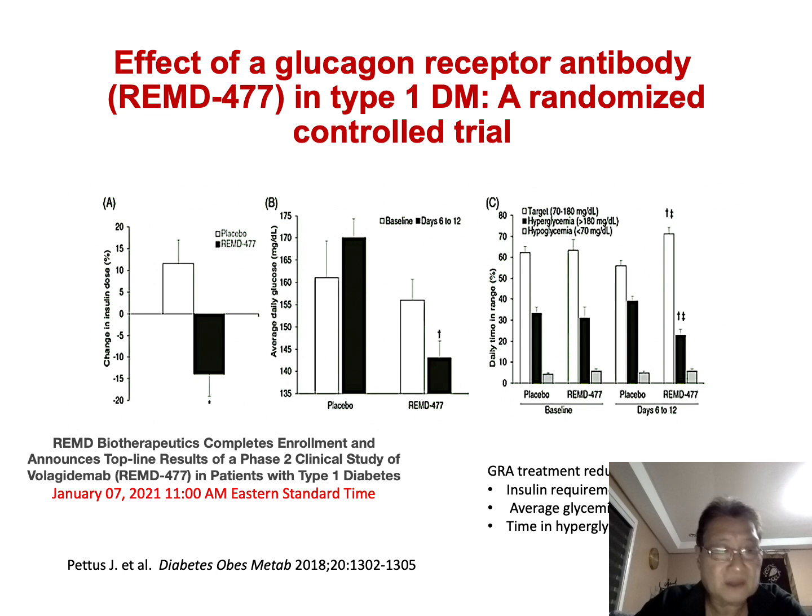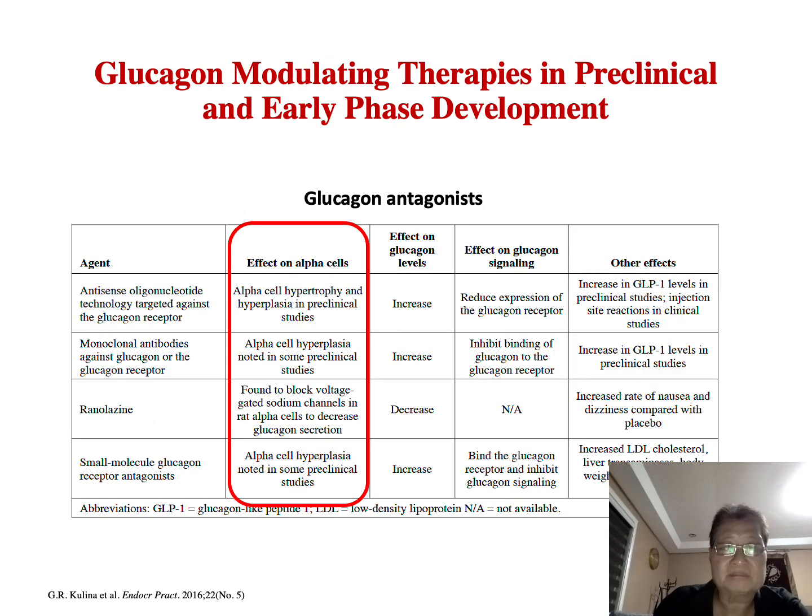They disclosed the phase 2 trial, and they are now starting the phase 3 trial. And hopefully, there will be no off-target or side effects that they will encounter. Okay. Now, these are the glucagon receptor antagonists that have potential in alleviating glucagon-induced hyperglycemia in type 2 DM, drugs that reduce the expression of the glucagon receptor.